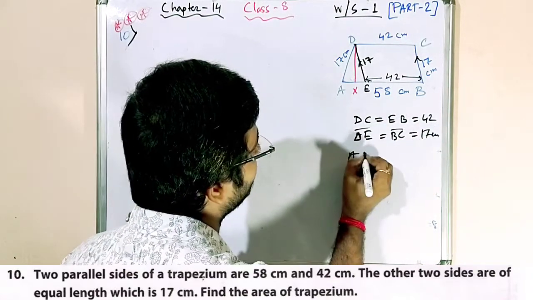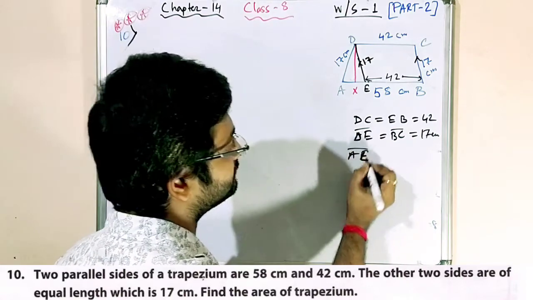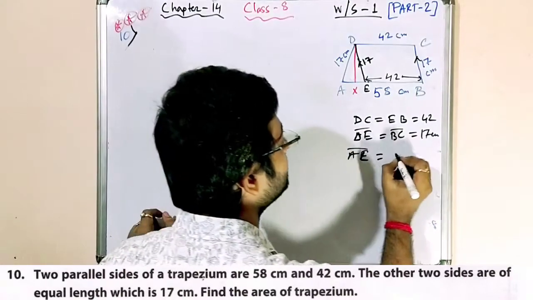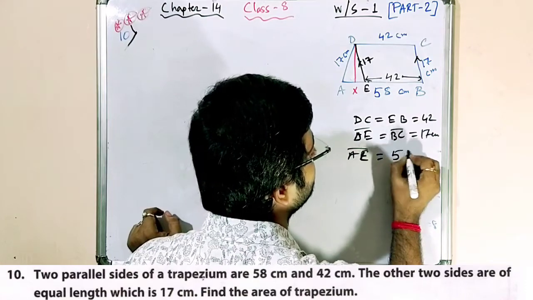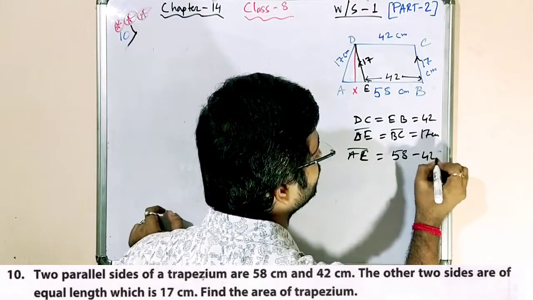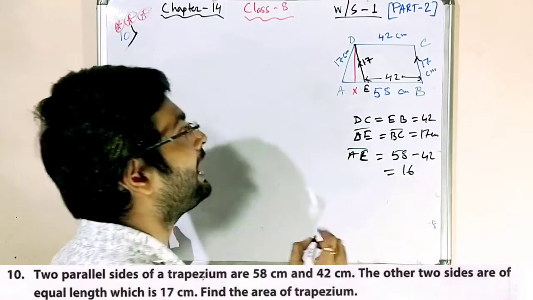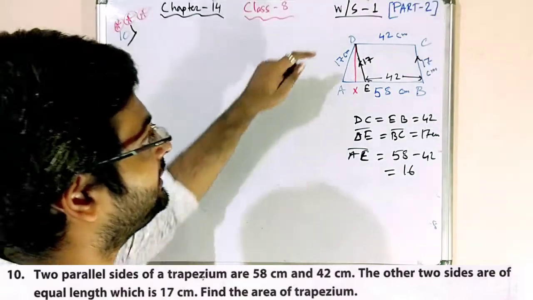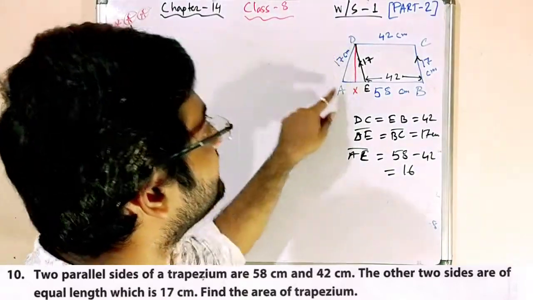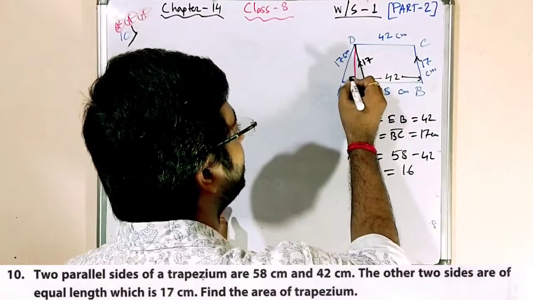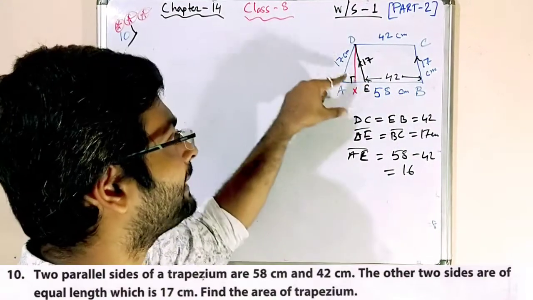Now tell me, what is the value of AE? AE value is the total 58 minus 42, that is 16. Now I have to find what? Now guys tell me, AXD, it is a what? Right angle triangle, because I have drawn a perpendicular line, because height means perpendicular.